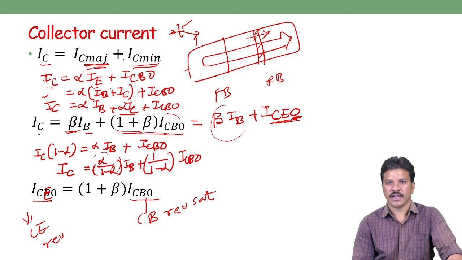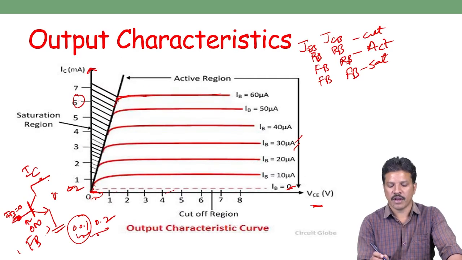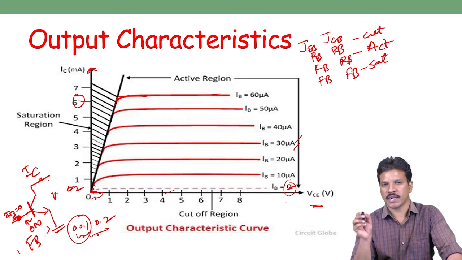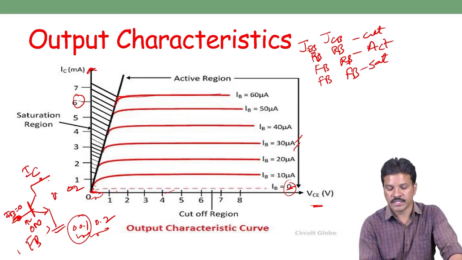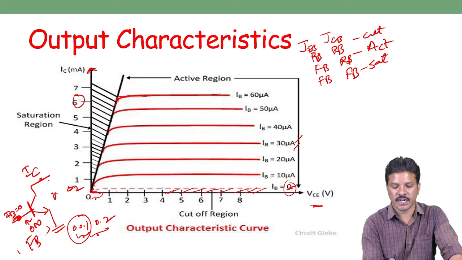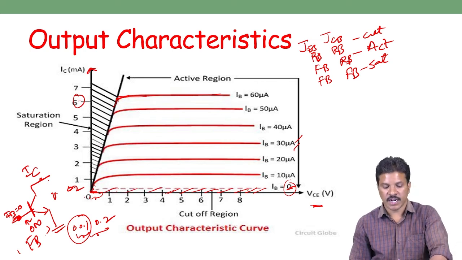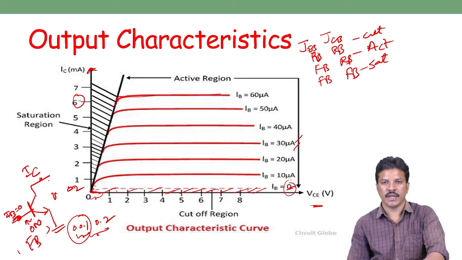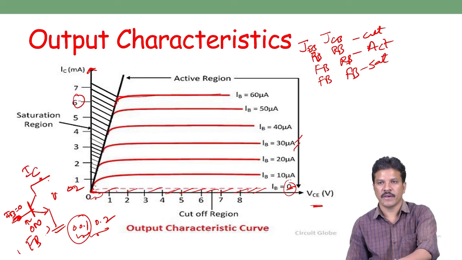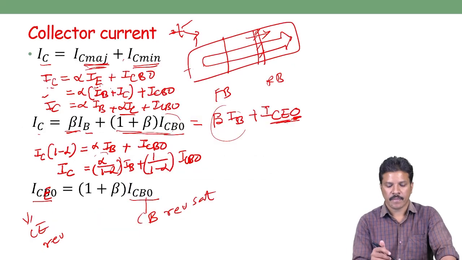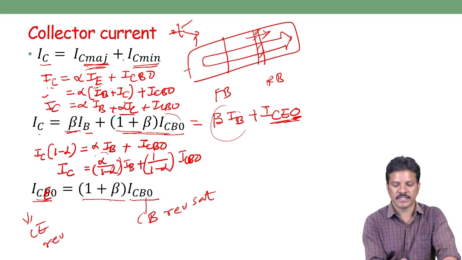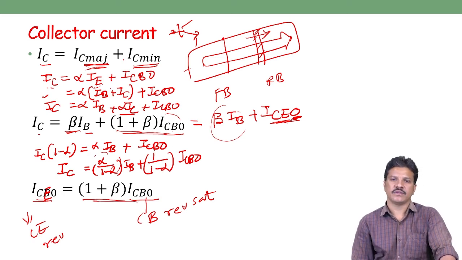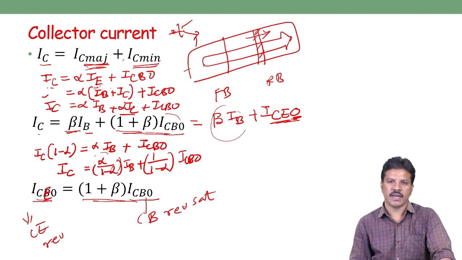That's why in the graph of the common emitter configuration, when the base terminal is open, we measure the collector to emitter current, and that is significant. It is called ICEO, the common emitter current when base is open. This current is 1 plus beta times ICBO. ICBO is measured in micro, but when multiplied with 100, it will be a few milliampere.